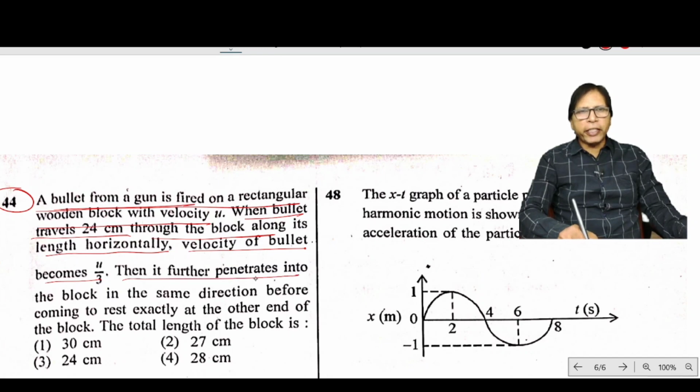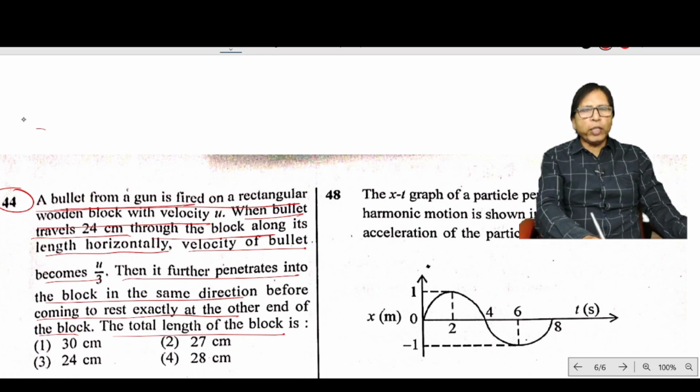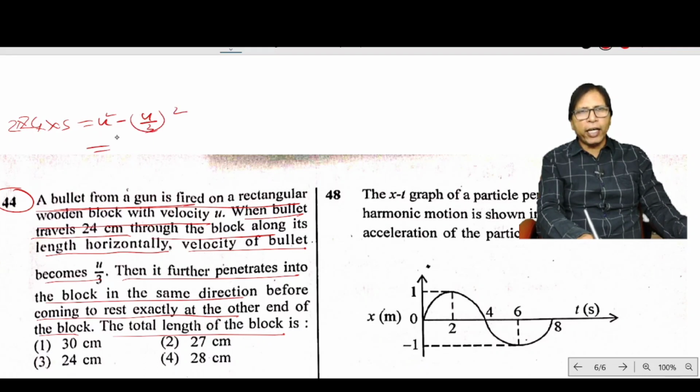The further penetration into the block in the same direction before coming to rest exactly at the other end of the block, the total length of the block is now, in 24 centimeter. So 24 into 2 into s, the velocity decreases from u to u by 3.